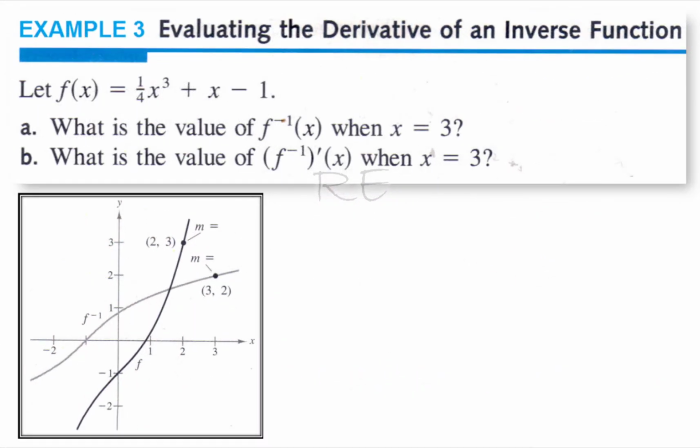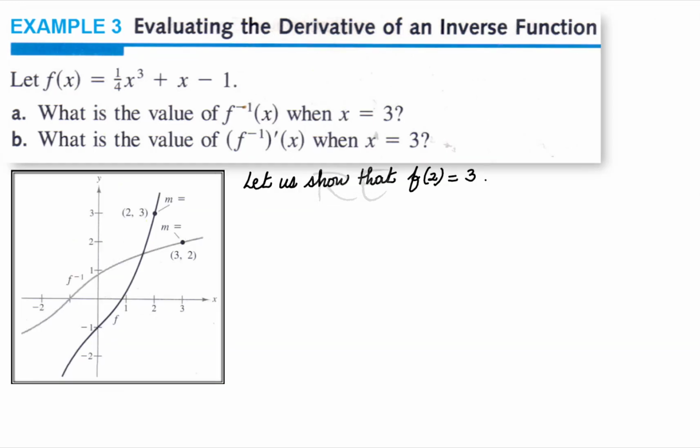For example 3, we need to calculate the inverse of f of x when x is equal to 3. First, we're going to show that f of 2 is equal to 3. Starting with f of x, we're going to calculate f of 2, which is 1/4 times 2 to the third plus 2 minus 1.